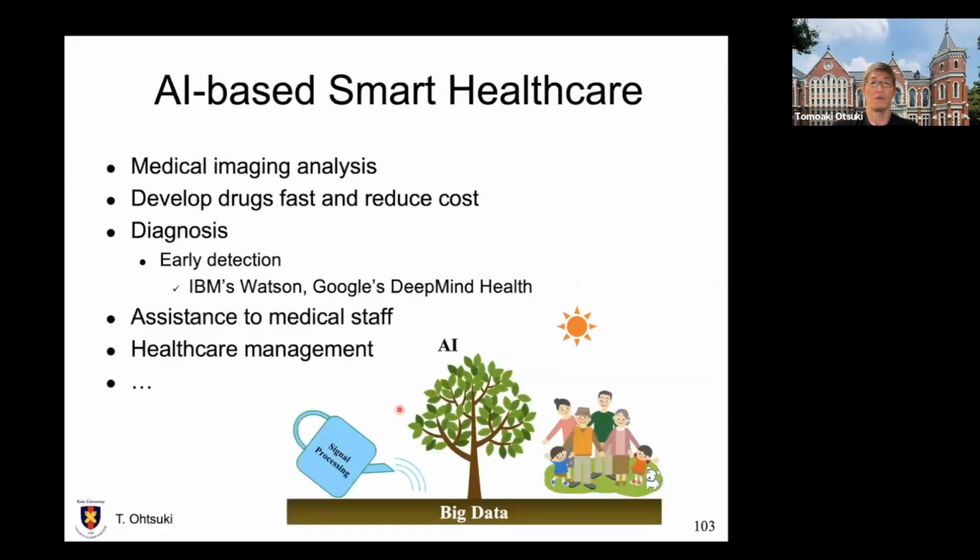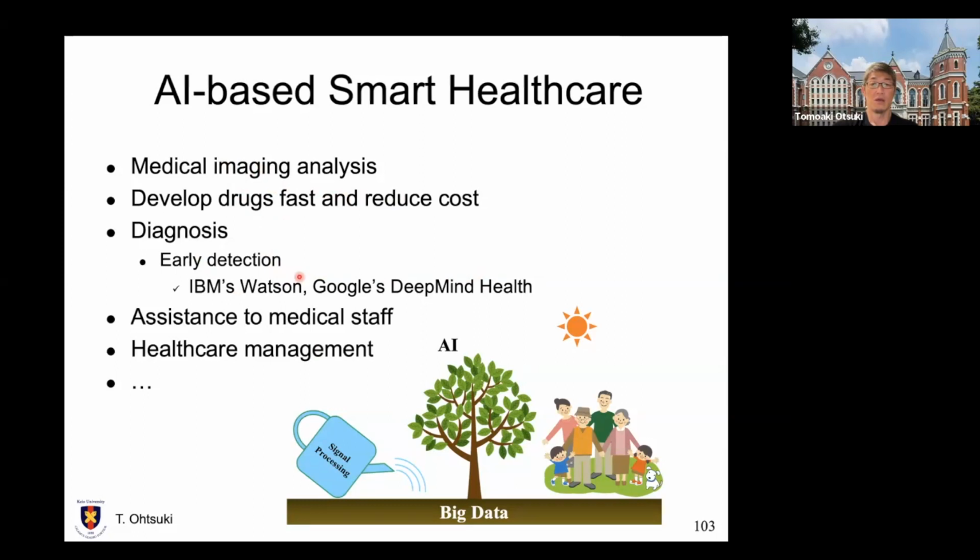Okay, so I introduced some AI-based smart healthcare technologies, but other than that, there are many areas where AI plays a big role in smart healthcare or the medical area, such as medical imaging analysis, developing drugs faster and reducing cost, diagnosis, and early detection. IBM Watson and Google DeepMind Health are good examples, along with assistants to medical staff, healthcare management, and so on.